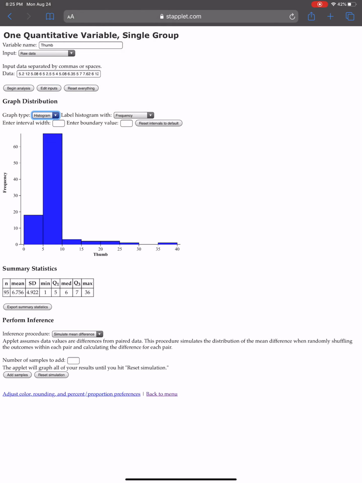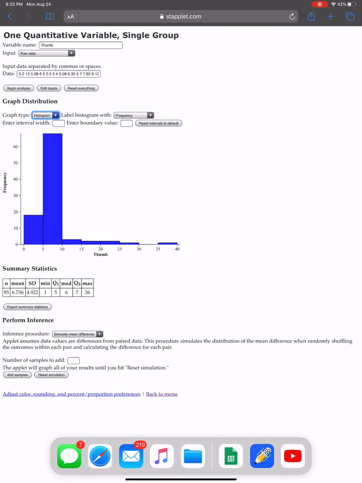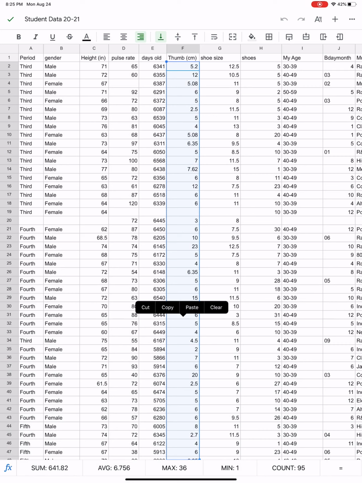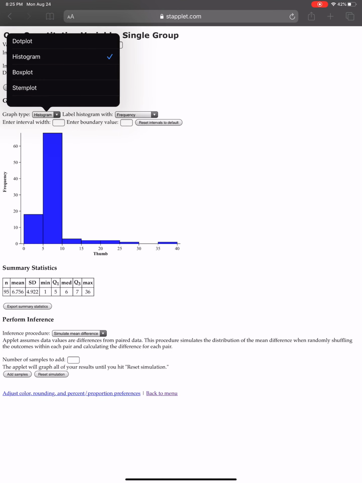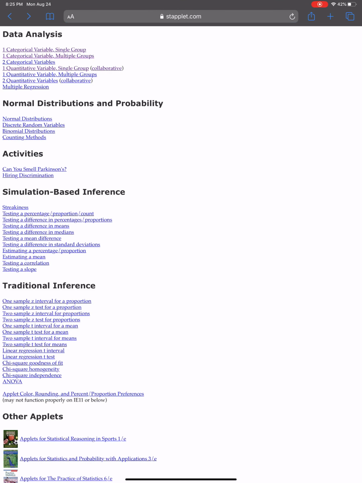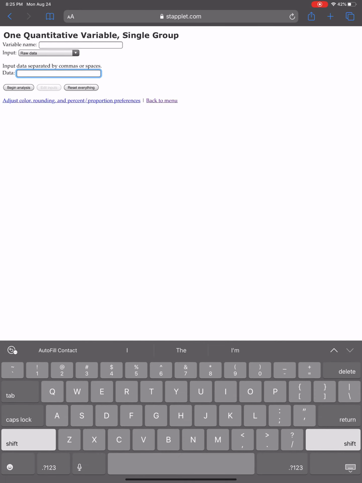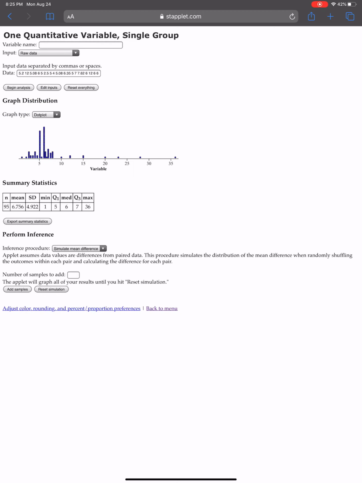I have already put the raw data in, but let me show you. In Statplet, I'm going to choose one quantitative variable single group, and then I am going to paste my data right in there, and then I'm going to begin my analysis.